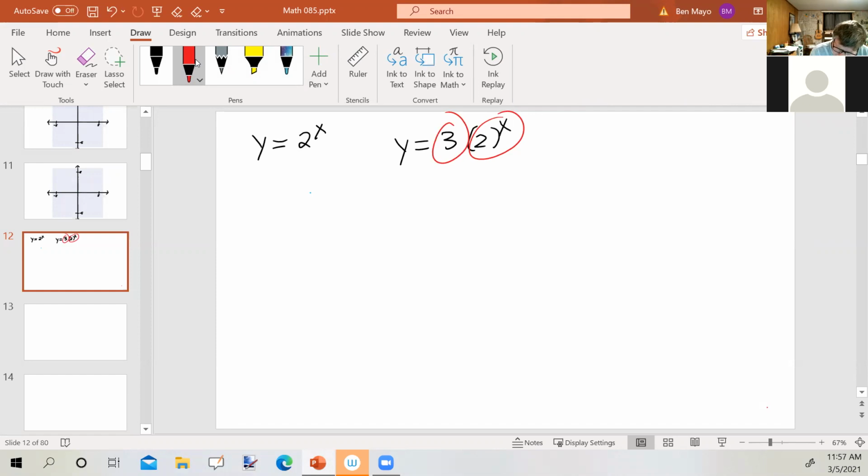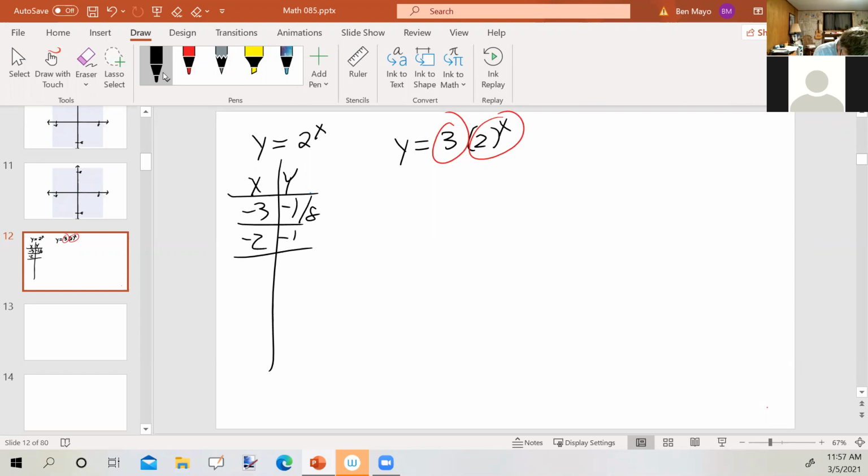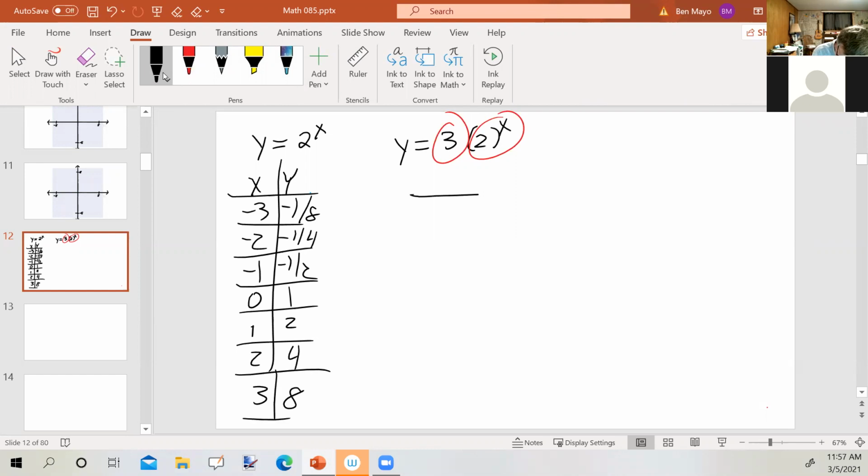So if I went back here and made a table of values: -3, 1/8; -2, 1/4; -1, 1/2; 0, 1; 1, 2; 2, 4; 3, 8. And then I was going to graph this thing.